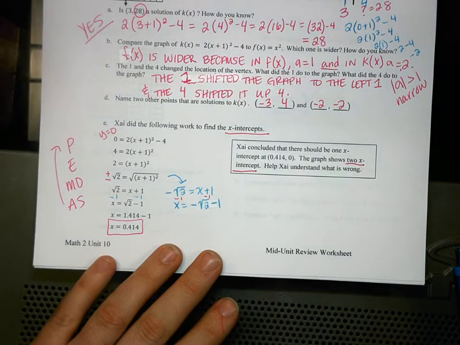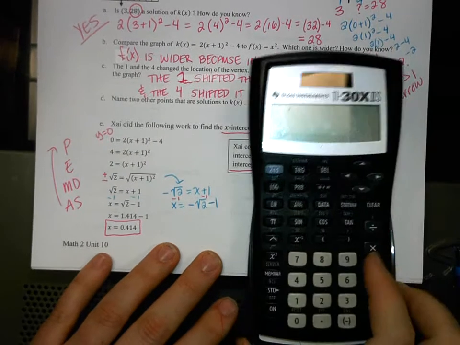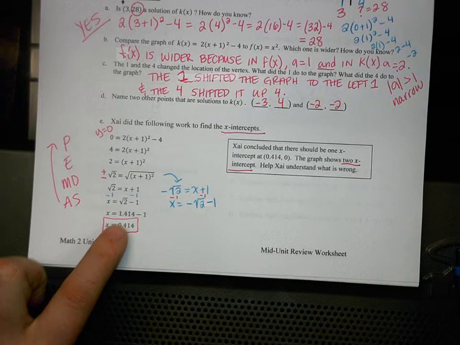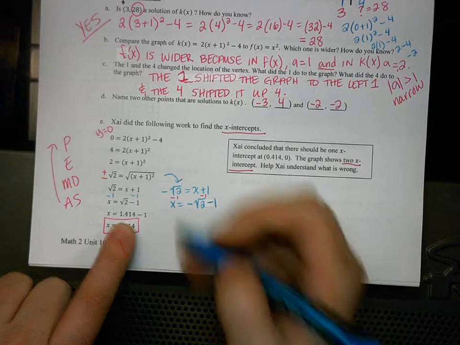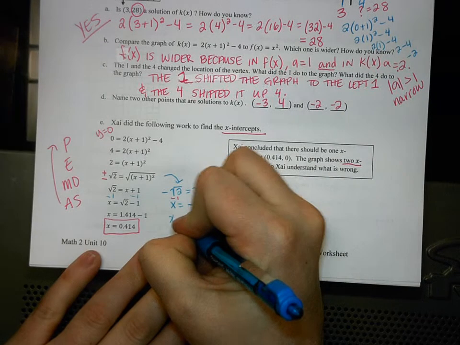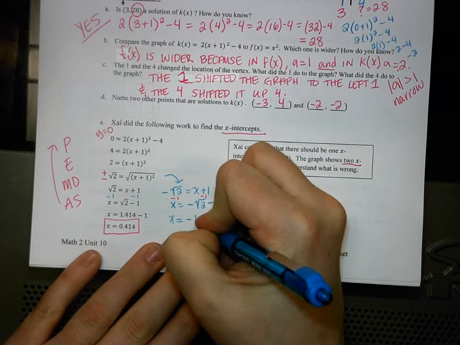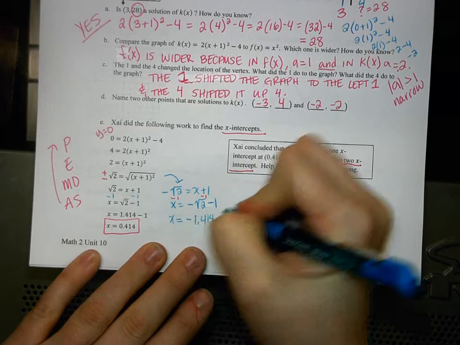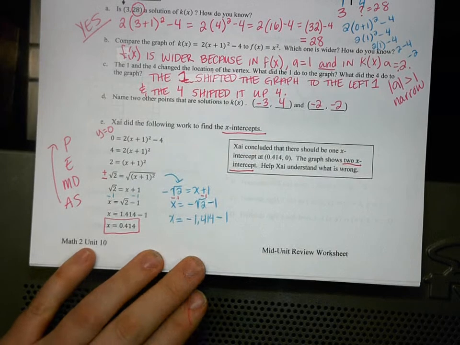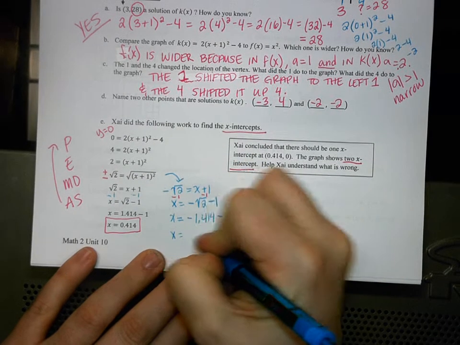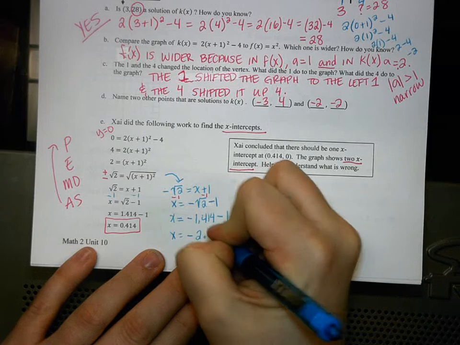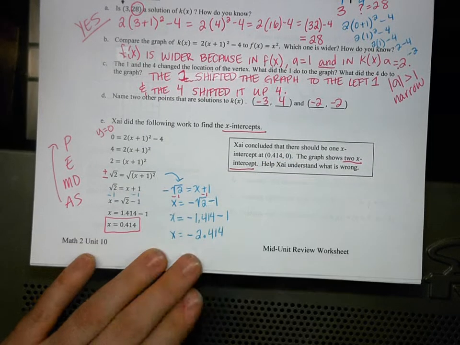So when you take the negative square root of 2 minus 1, you can approximate the square root of 2. But I already have the approximation right there, so I'm going to do the negative version of that. And then subtract 1. And that should give me negative 2.414.